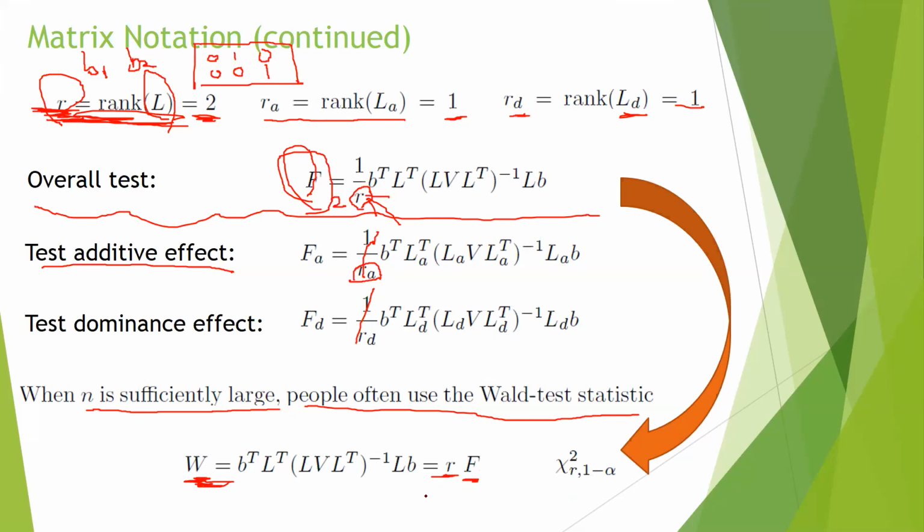If N is sufficiently large, we use the Wald test, which follows a chi-square distribution, so we can use the chi-square distribution table to find the critical value and the p-value and make the final conclusion about the genetic effects for a locus, either the additive effects or the dominant effects.